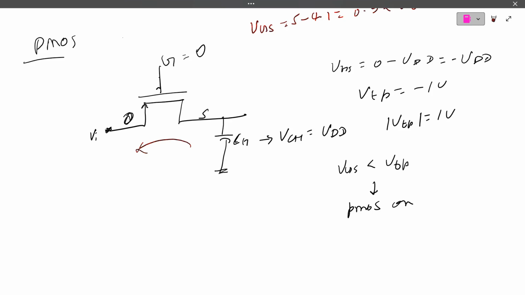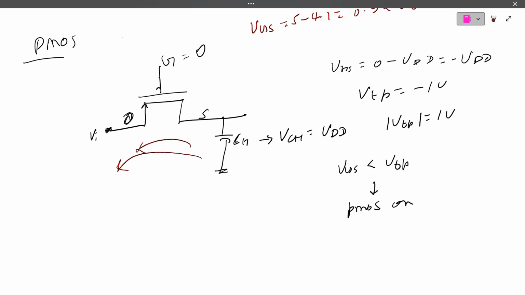In PMOS, how can we identify which one is source and which is drain? Where the higher voltage is applied is the source, and the lower voltage is the drain, right? So the current starts flowing and the capacitor starts to discharge this way.